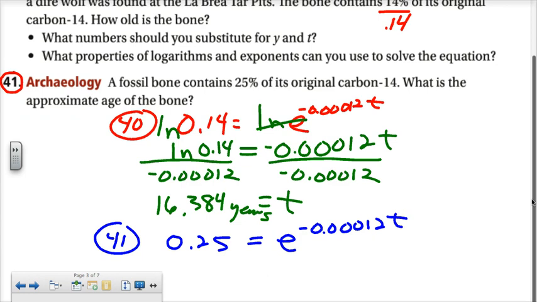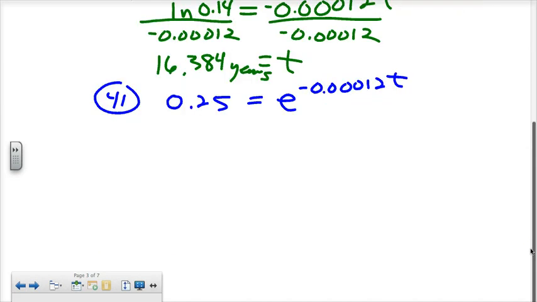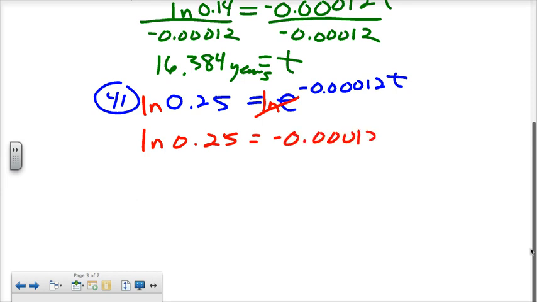It's the same type of math as the first problem. We need access to the t, so the base of e has to go, and the inverse is the natural logarithm. So we'll have the natural logarithm of 0.25 equals negative 0.00012 t, and then we'll divide by negative 0.00012.